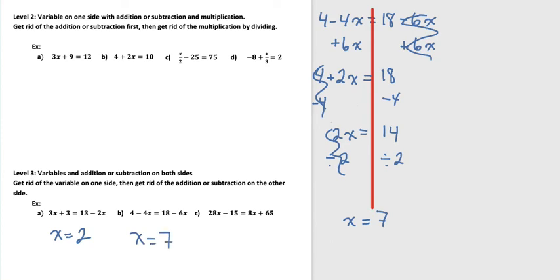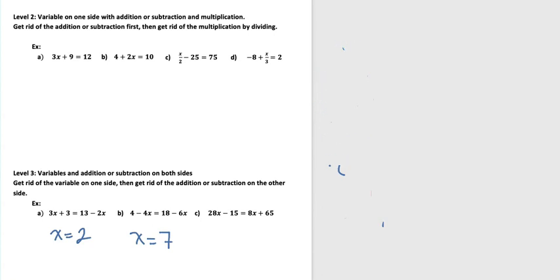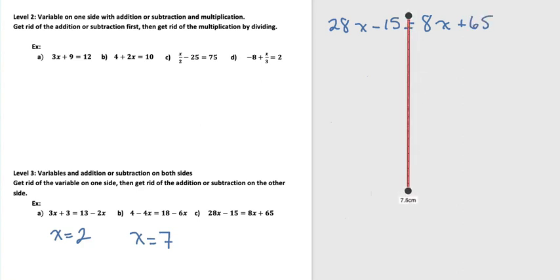Let's do one last example. Our last example is 28x minus 15 equals 8x plus 65. And we're going to approach this question the same way we've just approached the last couple questions. We'll draw a line right down the middle.